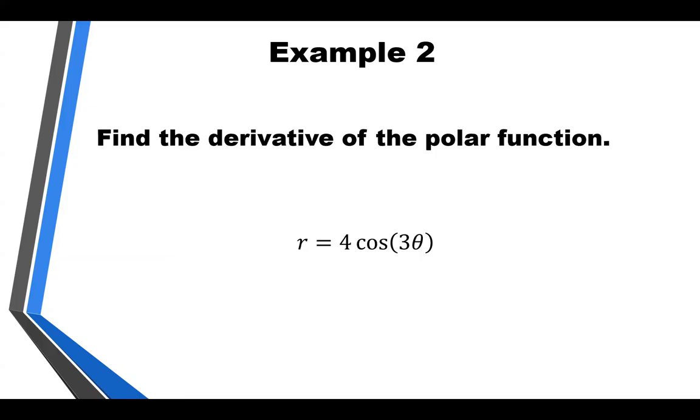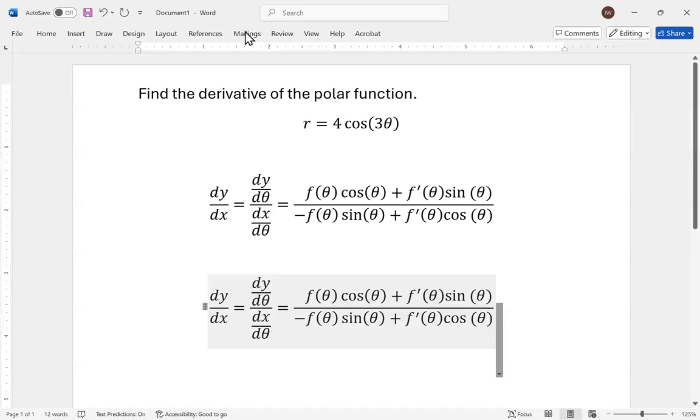This is that rose curve with 3 petals that we saw in a previous video. Now let's find the derivative of this rose curve. In this case, I'm just going to use the formula directly.